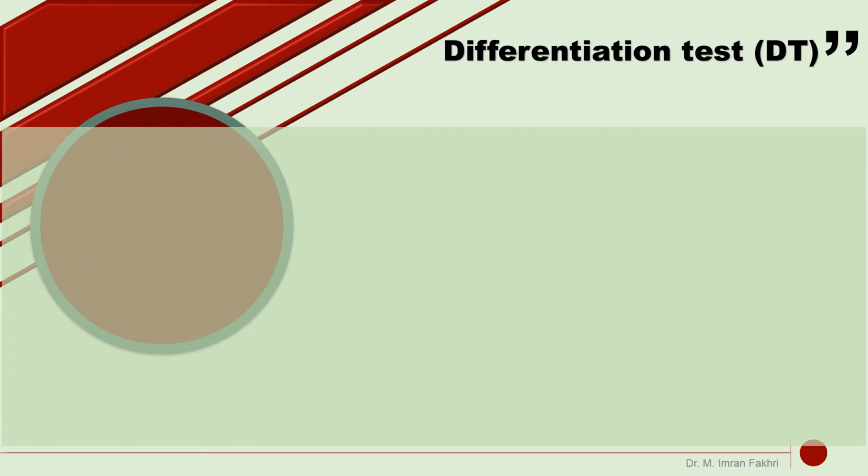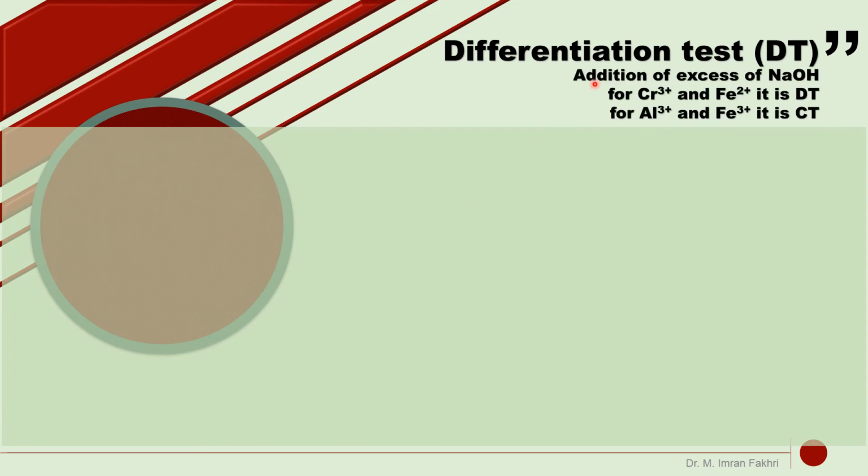Distinguishing test for the third analytical group of cations. Addition of excess sodium hydroxide is used. For chromium 3 positive ion and Fe2 positive ion, it is used as a distinguishing test, and for aluminum 3 positive ion and Fe3 positive ion, it can be used as the confirmatory test.